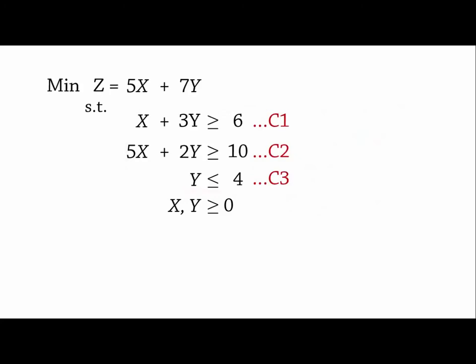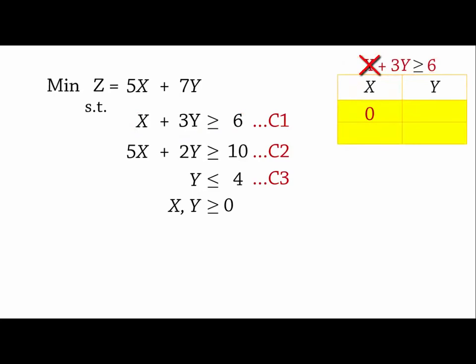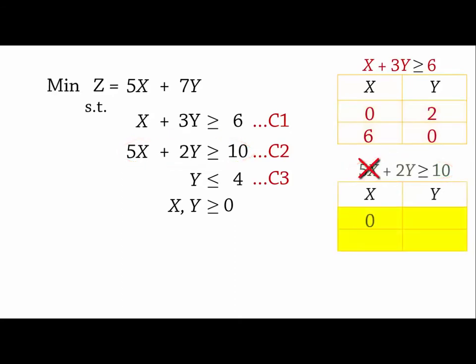For constraint 1, when x equals 0, y equals 2, and when y equals 0, x equals 6. For the second constraint, we have 0, 5, and 2, 0, which we also join to form the constraint line.